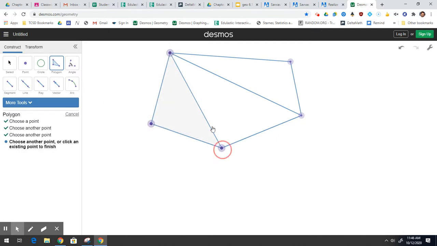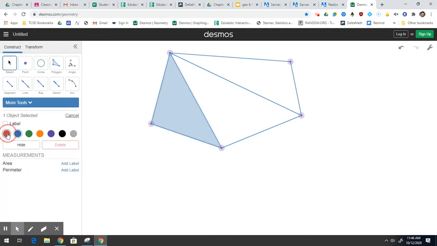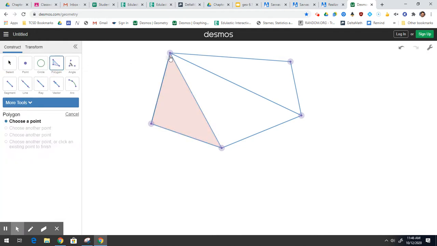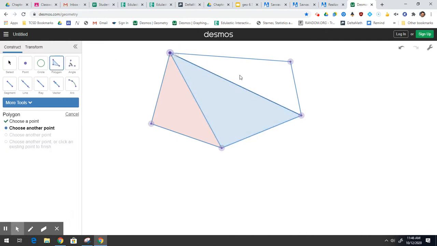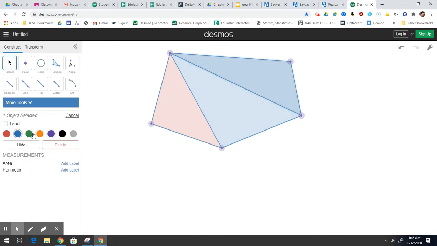So there's one, and let's color that red. And then we'll do this one, here's 2, and let's color that blue. And then the last one, we'll color that one green, I like green.